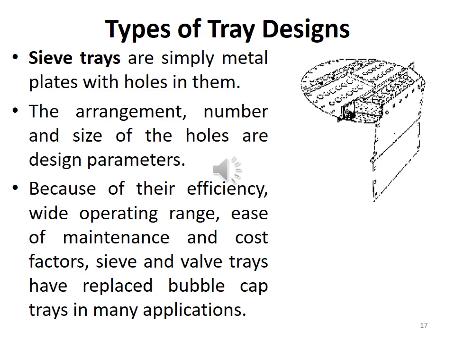So the first type of the tray was the bubble cap tray. The bubble cap has a chimney and a cap. Through the chimney, the vapors go upward, and the cap directs the vapors downward to interact with the liquid. While in the valve tray, there are liftable caps through which the vapors flow.